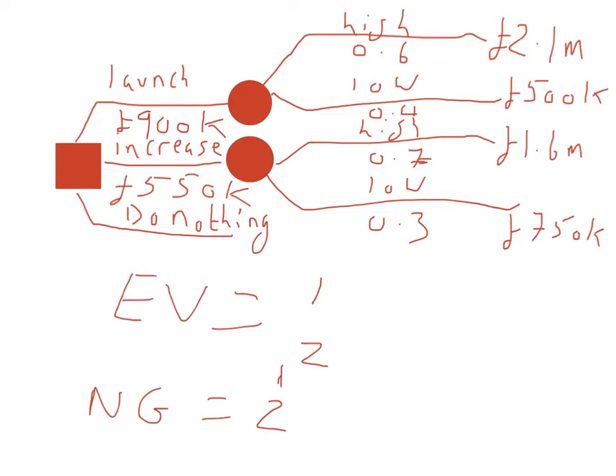Just remember the formula for the expected values, 0.6 times 2.1, etc. And then remember, to get the net gain, all you do is subtract the cost from your expected value. Remember that your expected value should be clearly marked above the circle. I will go through the answer on the next slide. So pause the video, do the working out, and then you can self-check your answer from my answer that I will shortly put together.